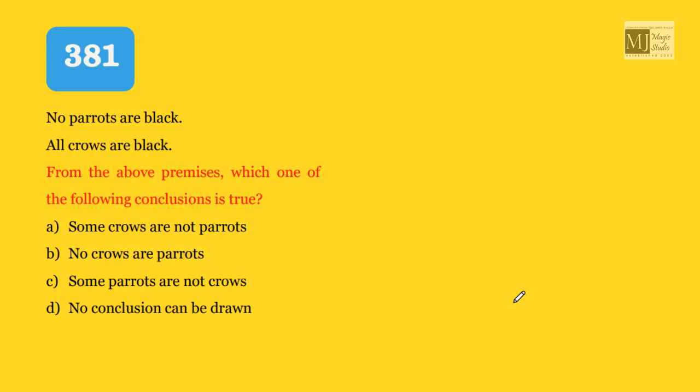Now in question number 381, we can see that two statements are given and then four options. We need to find from the above premises which one of the following conclusions is true. No parrot is black. So which one follows? Some crows are parrots? No, there is no relationship between crows and parrots.